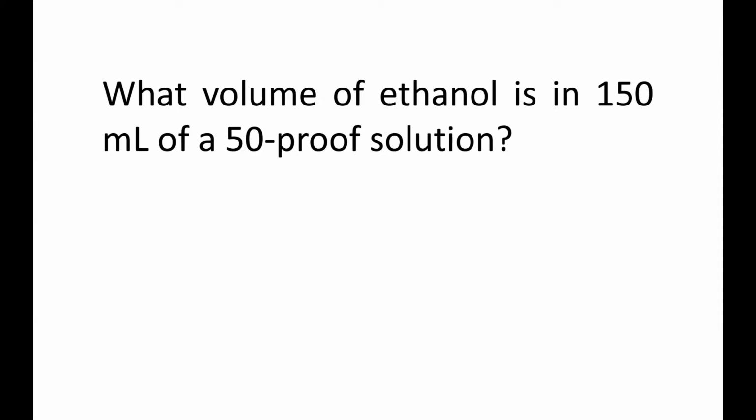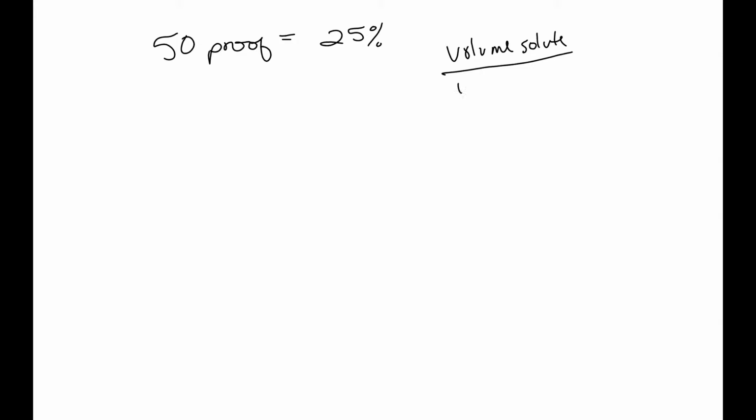What volume of ethanol is in 150 milliliters of a 50 proof solution? This one is a percent by volume question. So we know that 50 proof is 25%. Now we're looking for how much ethanol, which means we're looking for the amount of solute. So we're going to use the equation volume of solute over volume of solution equals percent over 100.